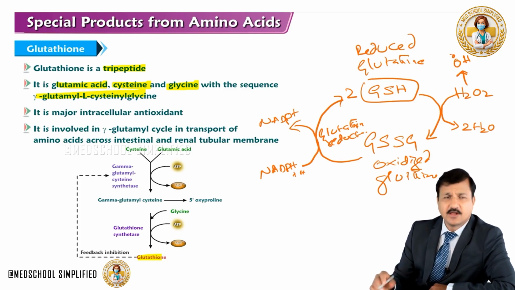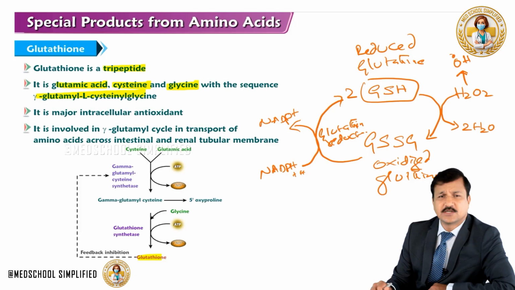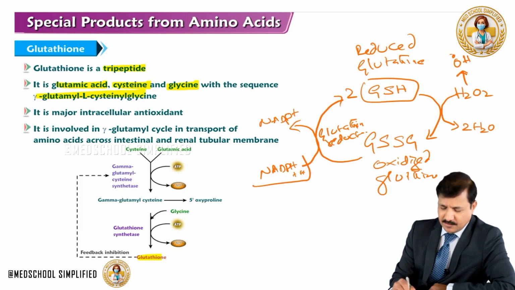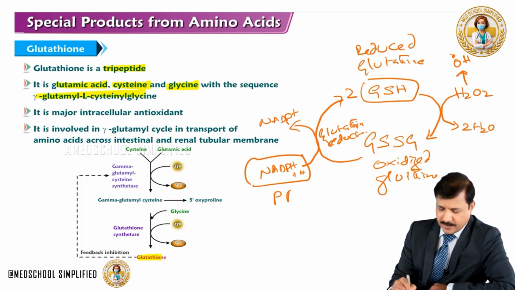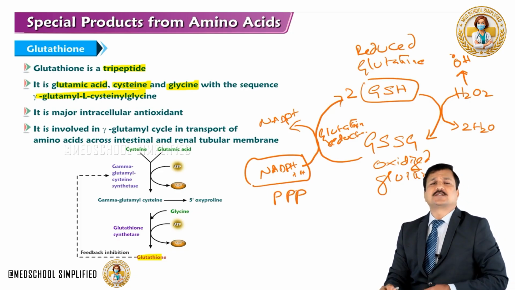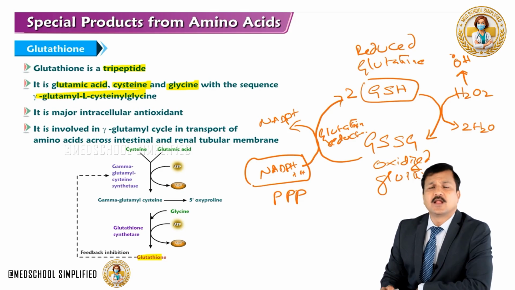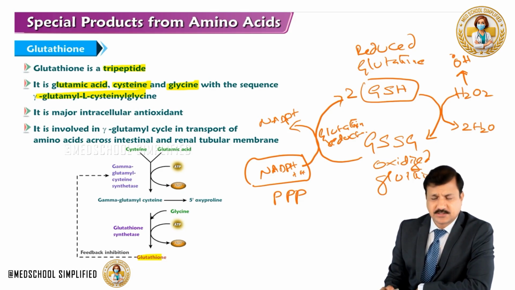This is how the concentration of antioxidant is maintained, especially by having sufficient NADPH, and that will come from the pentose phosphate pathway, as we have seen in the pentose phosphate pathway lecture.